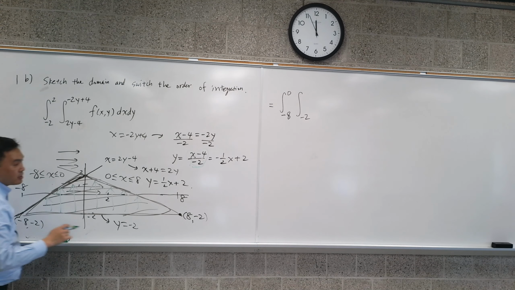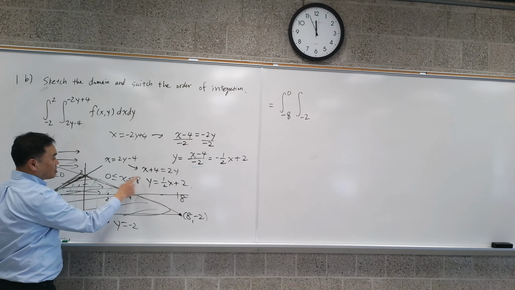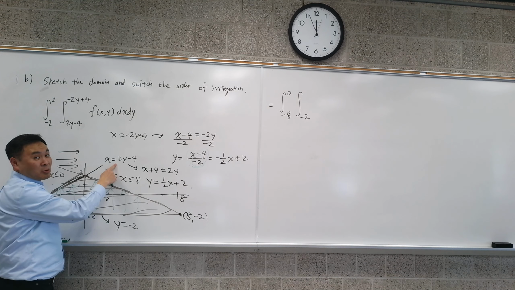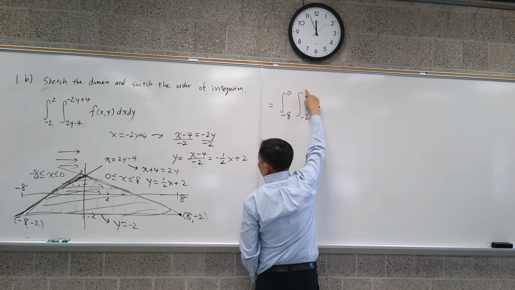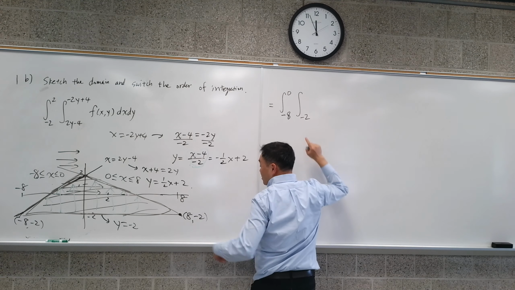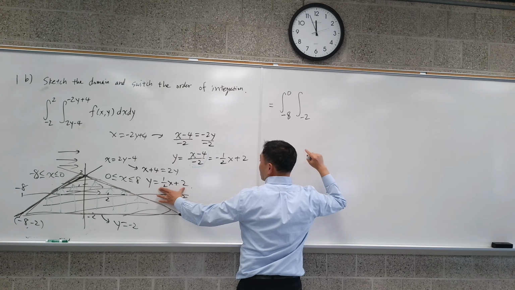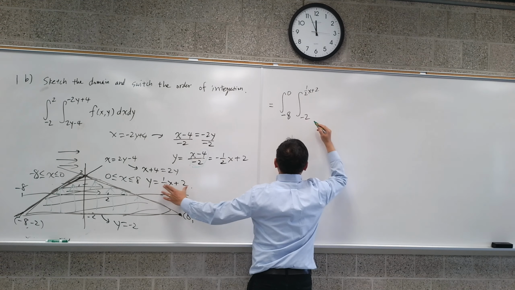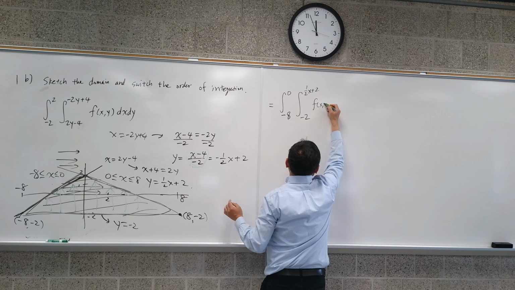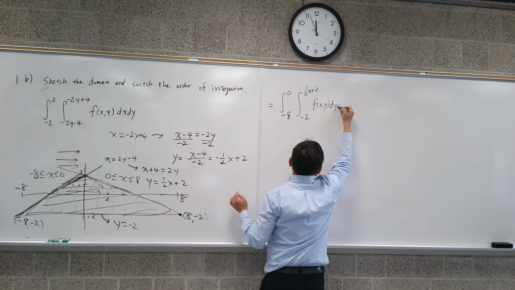Yeah, that's right. Okay. I was hoping somebody says this. This will be wrong, right? Because what you're writing down here would be y equals. So this is the correct answer. Okay, so y equals 1/2 x plus 2. That's very good. Okay. And then you have f of x, y, dy dx.